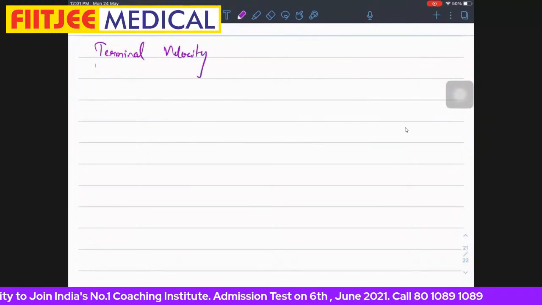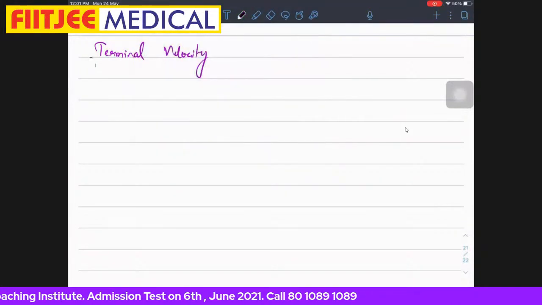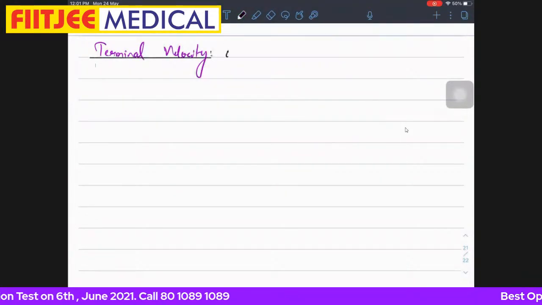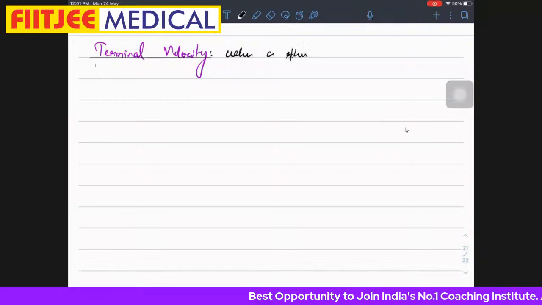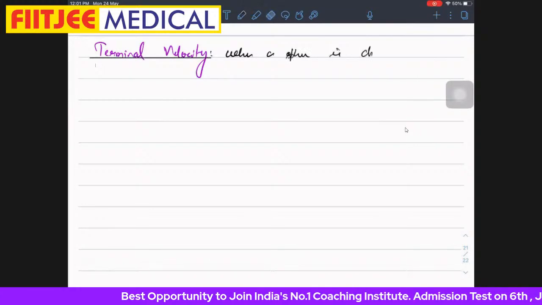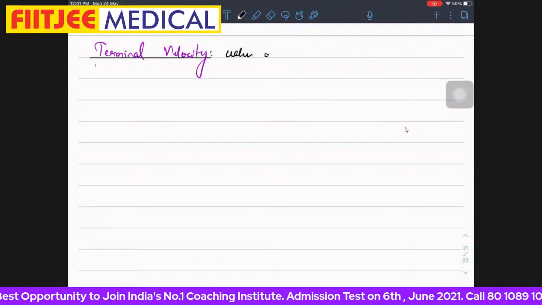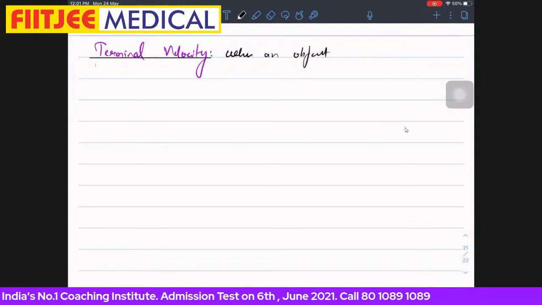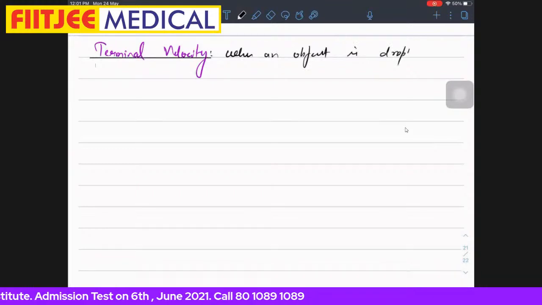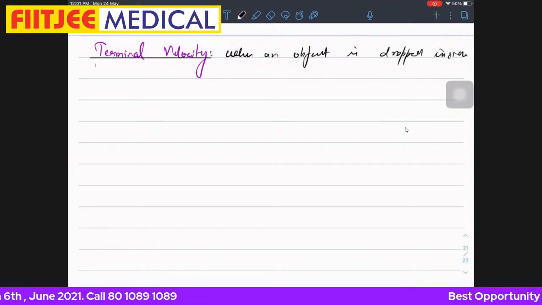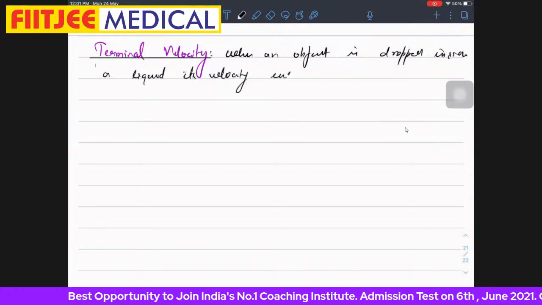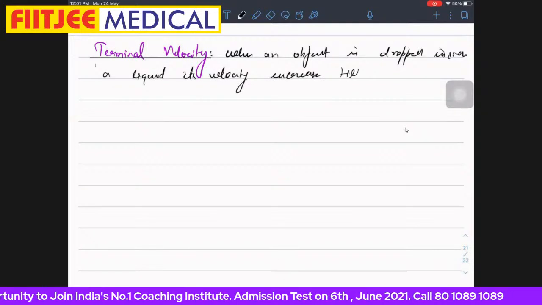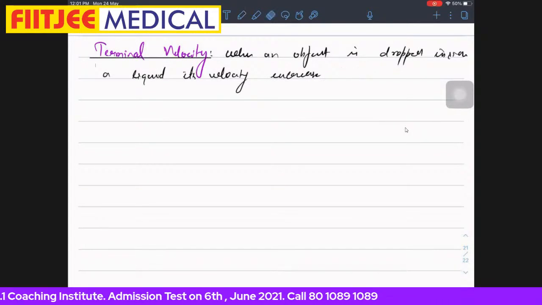Terminal velocity. When an object is dropped inside a liquid, its velocity increases for some time.